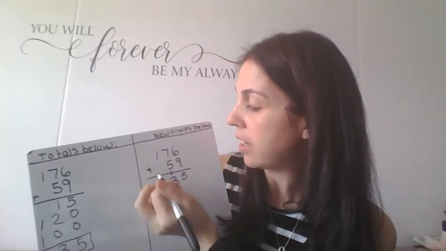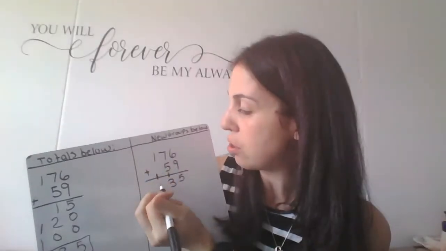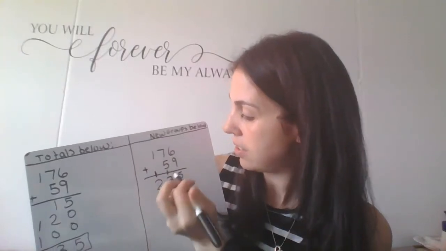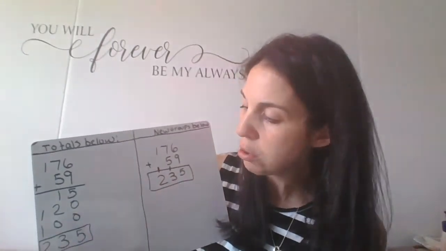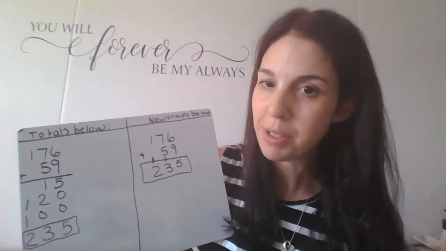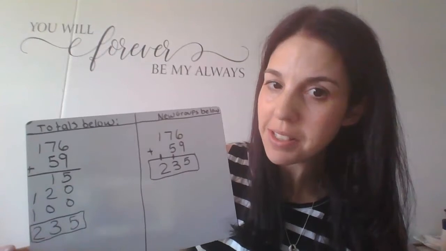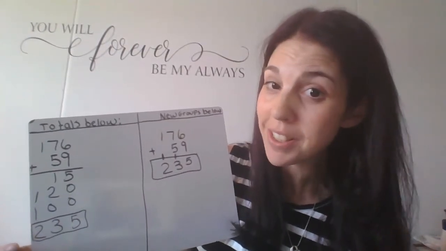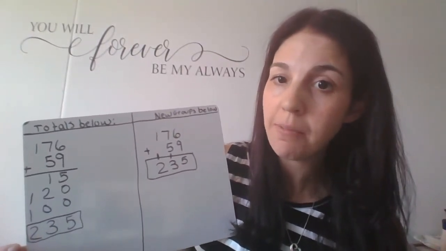So the 3 comes here, and then we have a new group of 100 to add, and then 200. Did we get the same answer? 235. 235, yes we did. Was one of the strategies a little quicker than the other? Did you see a difference? I saw a difference. One strategy definitely was a little bit quicker.